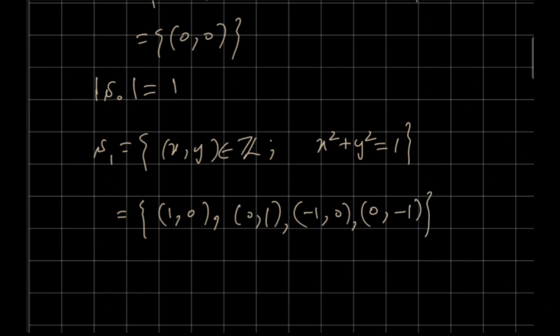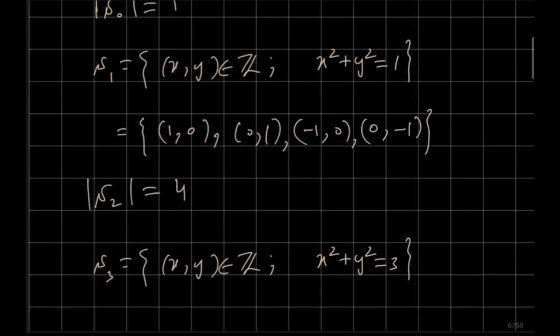You can see these are all such ordered pairs which satisfy this condition, right? There is no other ordered pair which satisfies this condition. So the cardinality of S1 is 4 because we have only 4 elements which satisfy this condition.